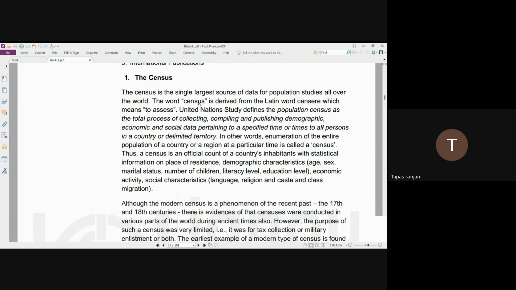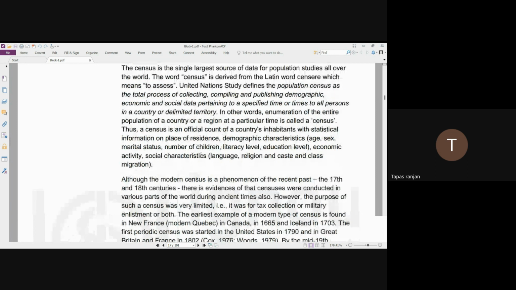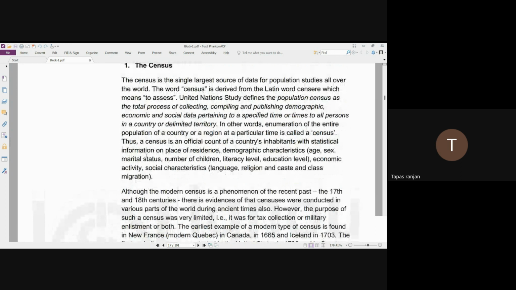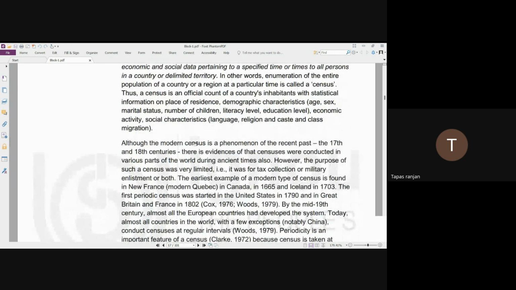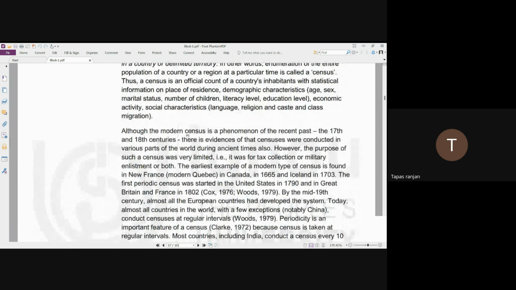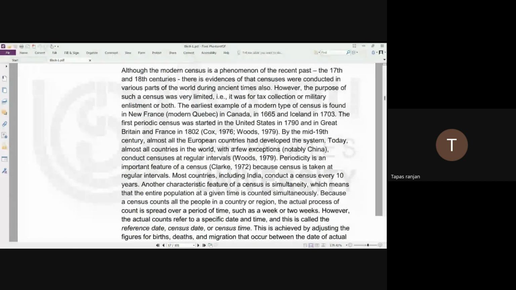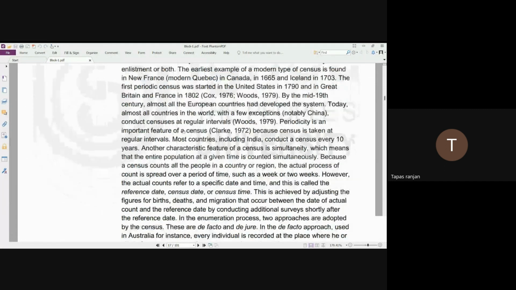Okay, so in India, with special reference to India, we'll be discussing the census. The census basically provides us data regarding the population. Here a brief history has also been given. You can go through it, and mostly it is the European nations that started this census.